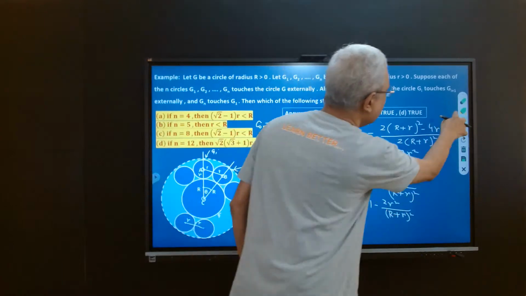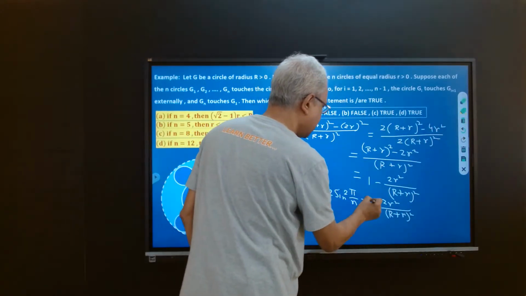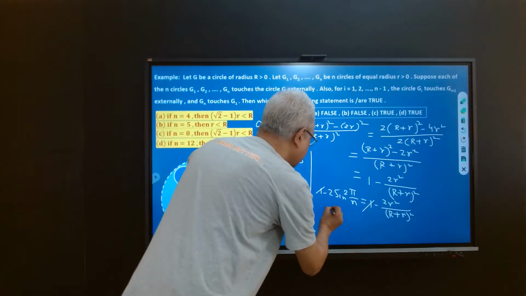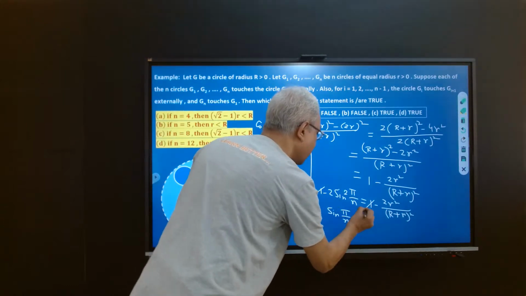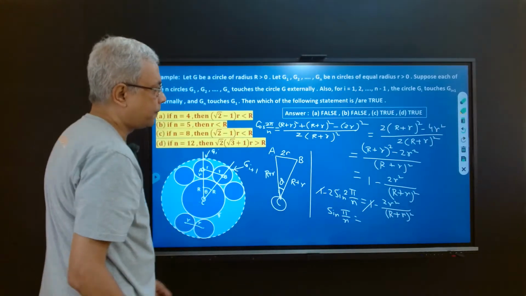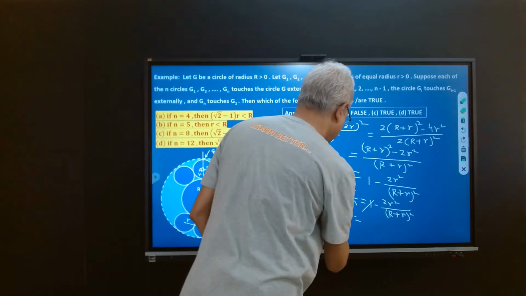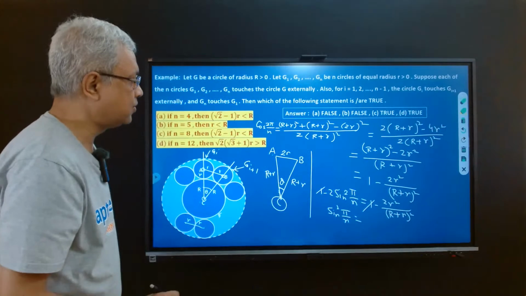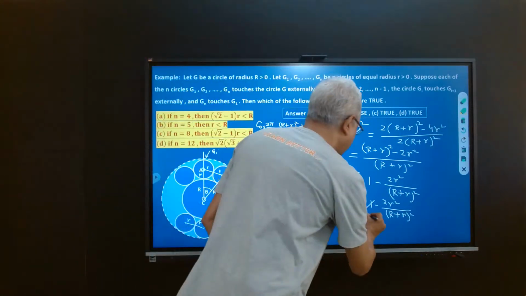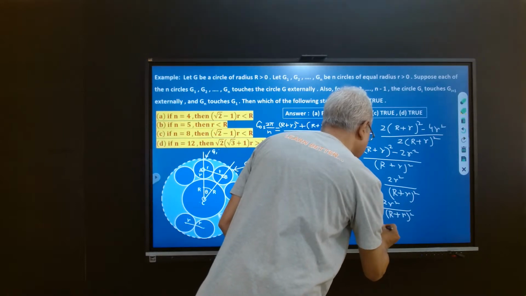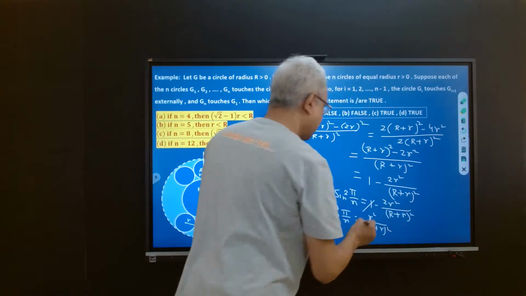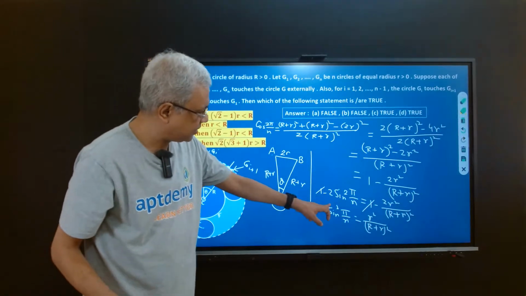Simply because this 1 cancels, ultimately I can write sin square pi by n is equal to r square by R plus r whole square. There is no mistake, I think.